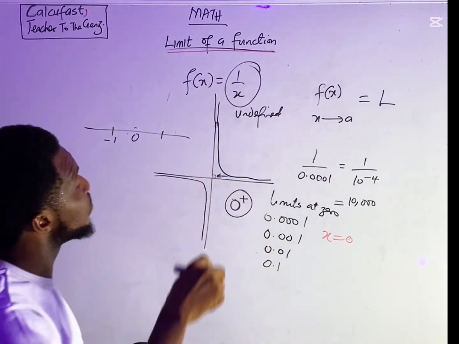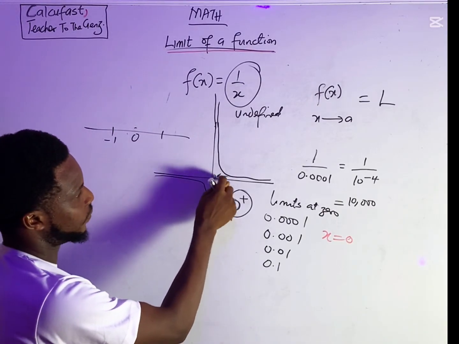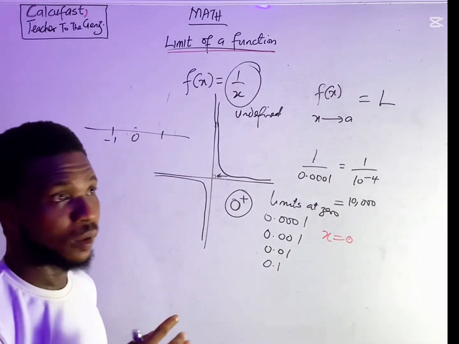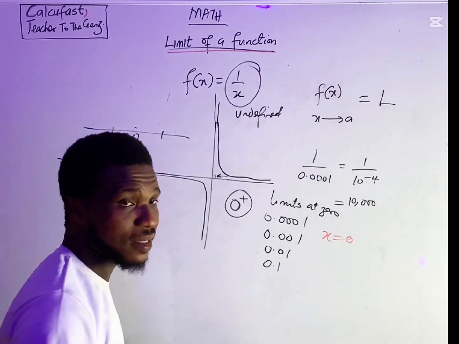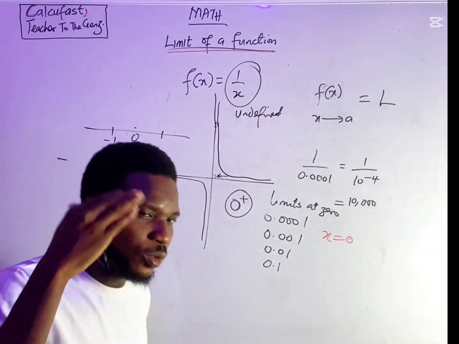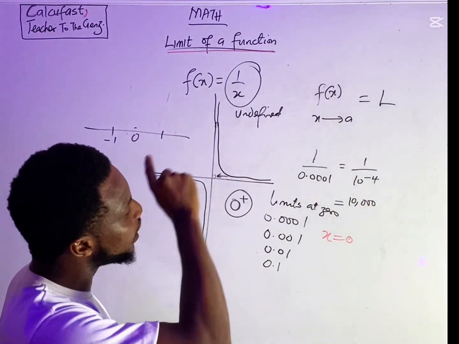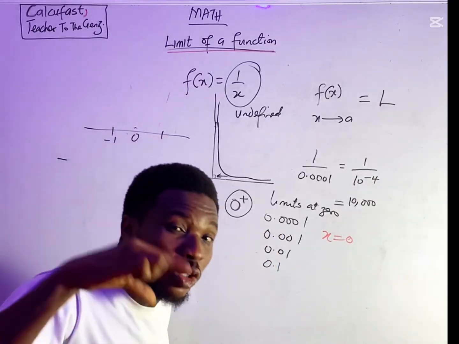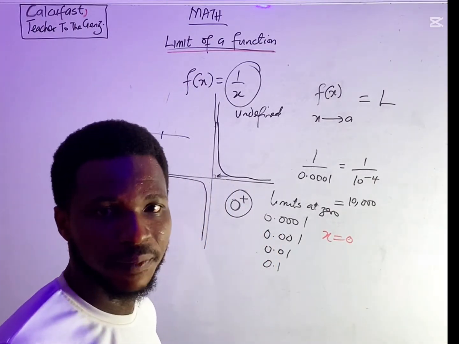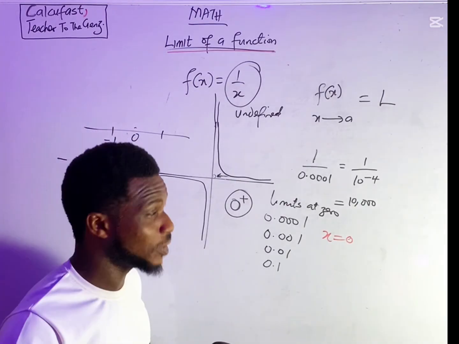And when it becomes undefined, see, that's why we have the gap here. Not that it's continuous when x is 0, but we are checking the behavior of the function. Can you see? So limit is the idea of checking the neighborhood around that point, not necessarily the point. Voila. That's what limit means.